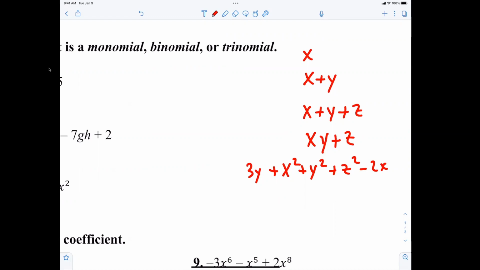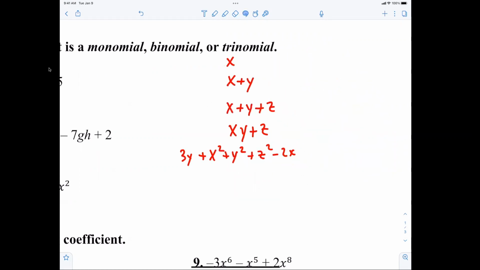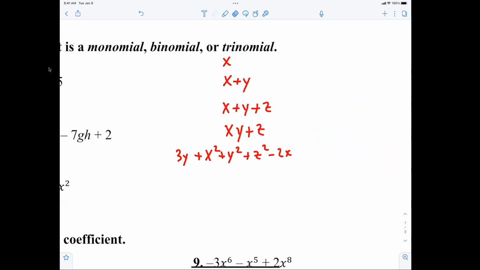Now, the next thing is, in order to be classified as a polynomial, X has to be to a whole number power. In other words, it could be to the 0 power, the first power, the second power, the third power. It cannot be X to like 1.5. That is not a polynomial.